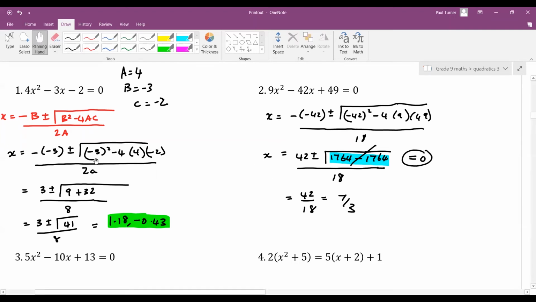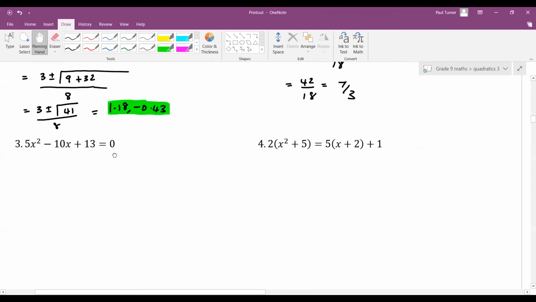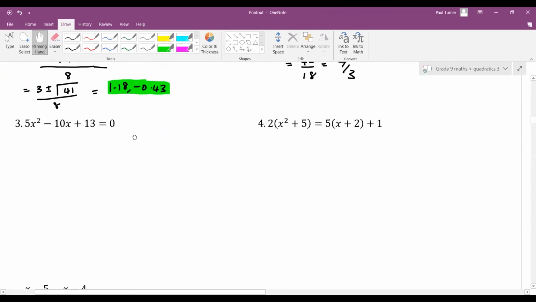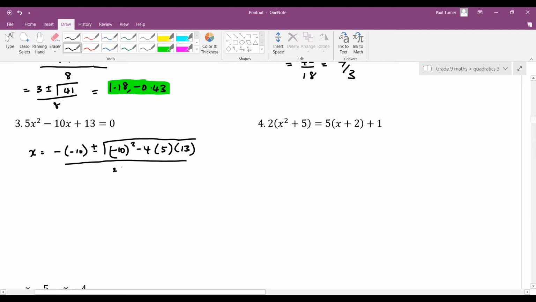Okay, so hopefully you're getting the idea. A couple more. So that one was, x is minus b, minus negative 10, plus or minus b squared, so minus 10 squared, minus 4 times a times c, all on 2a, 2 5s are 10, like that.